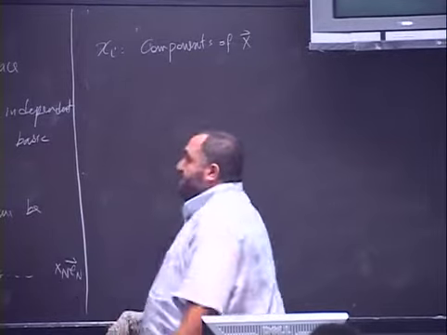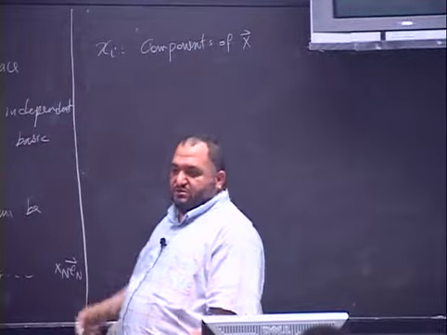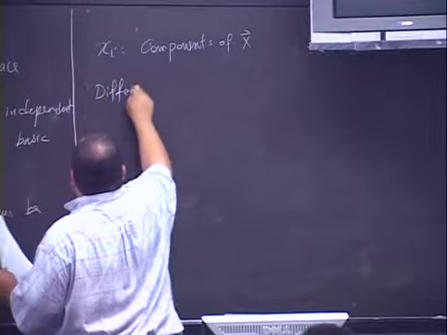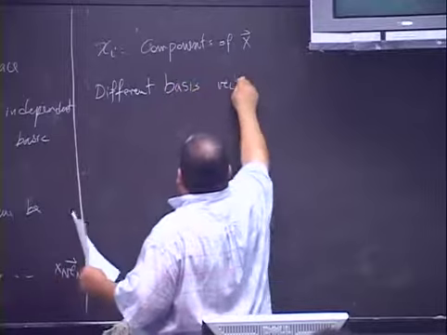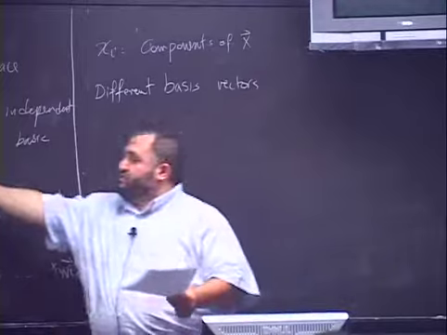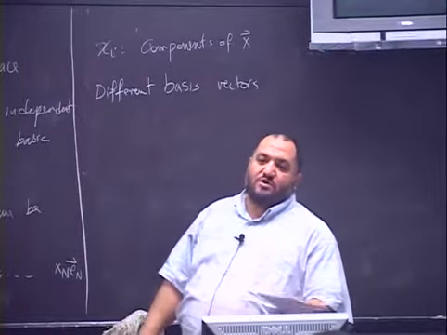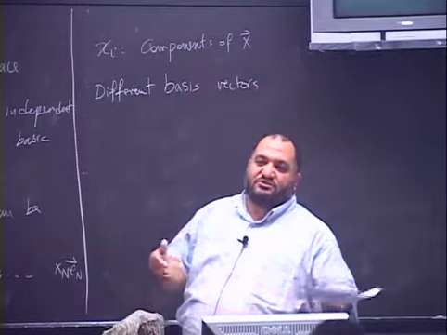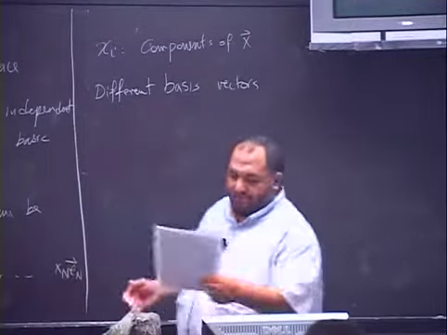So maybe we can choose different basis vectors. Because maybe you can find, instead of just one set of linearly independent vectors, two sets of linearly independent vectors. So you will have two sets of basis vectors. You can attribute your vector to the first basis or to the second basis in this case.